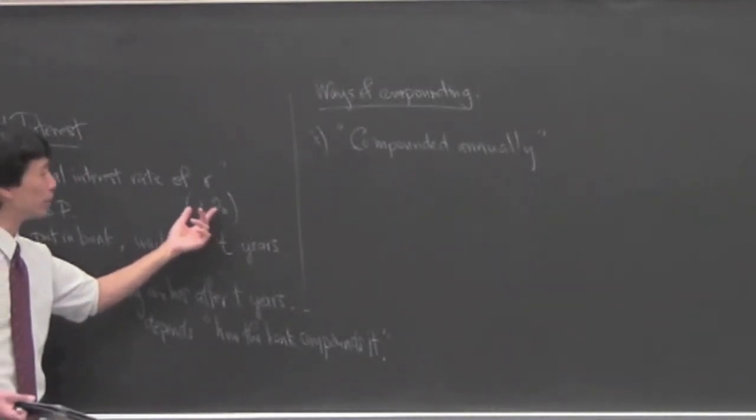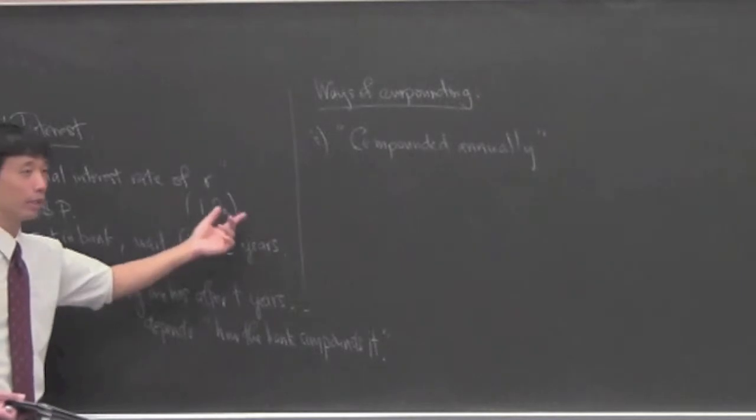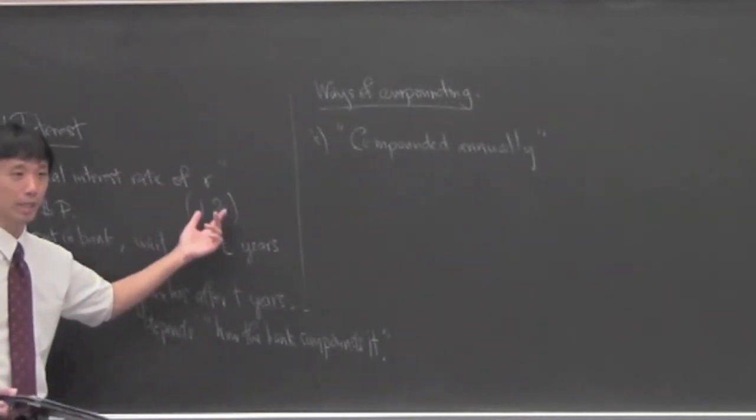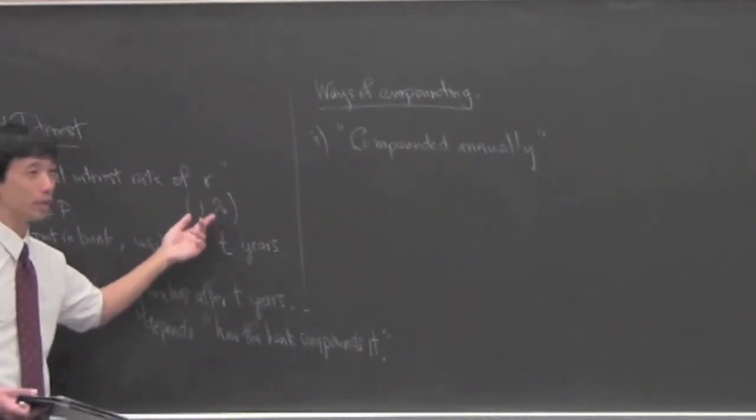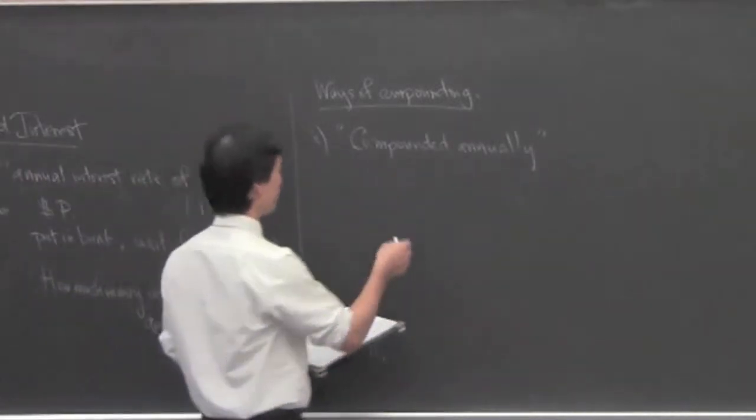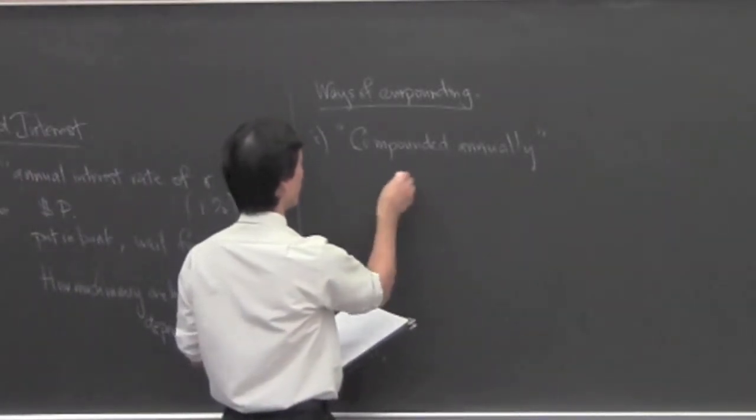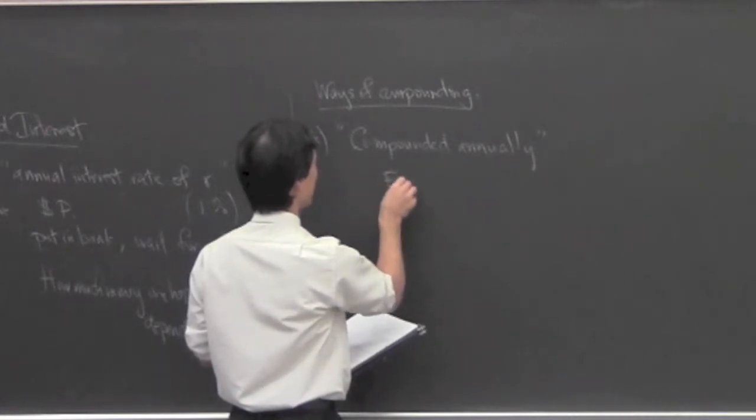So you multiply the money by 1%, and then you add that on. That's the interest you get. You add that on to it.